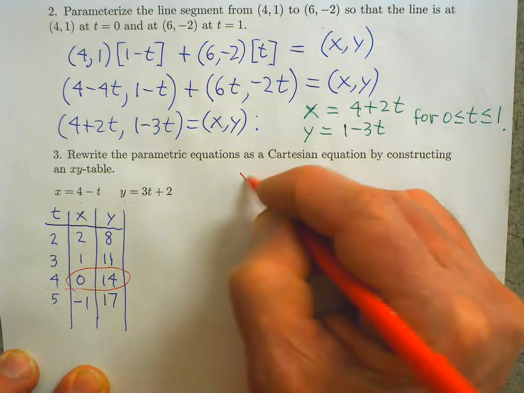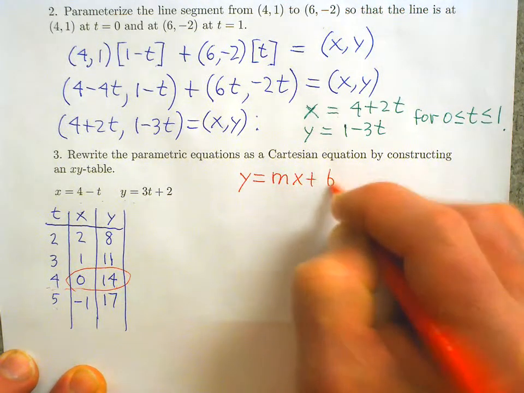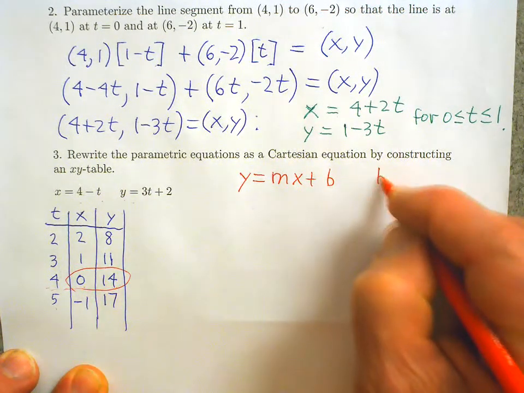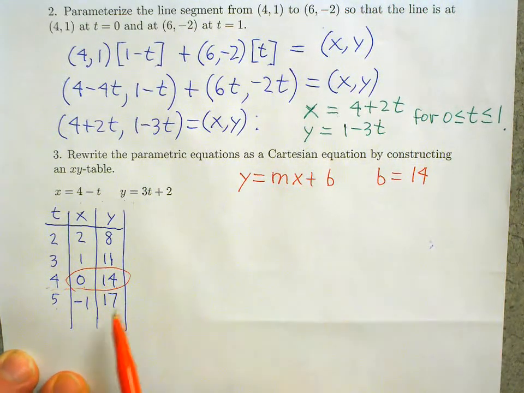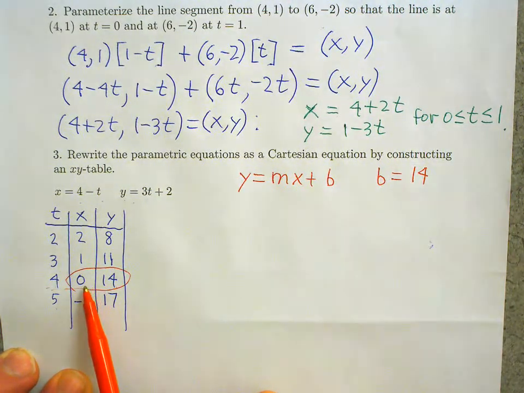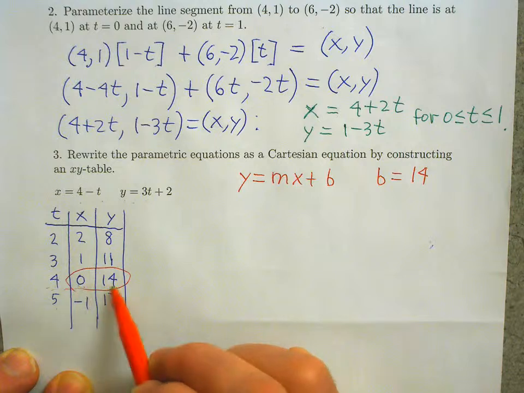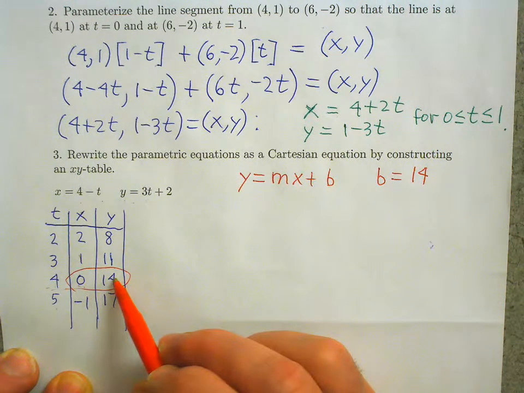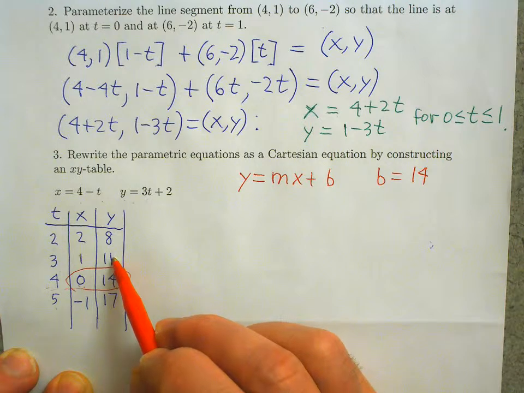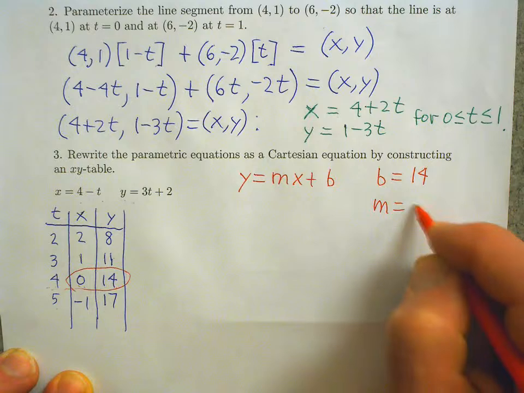So we have an equation of this form, y equals mx plus b. And when x is 0, the value of b is 14. And we can also observe what the slope is. So notice if we begin at 0, 14, if we increase the x value by 1, the y value decreases by 3. So it appears that the slope is negative 3.